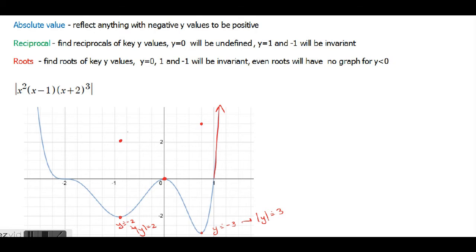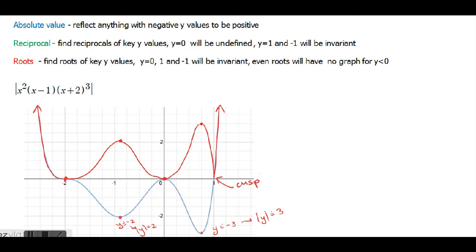And then lastly, this part of the graph again stays the same, because the absolute value of a positive stays positive. So we have to take all of these bottom portions and just reflect them up above. I'll do that, and that would be our graph. This sharp point right here is called the cusp.